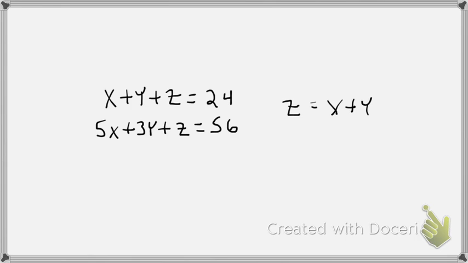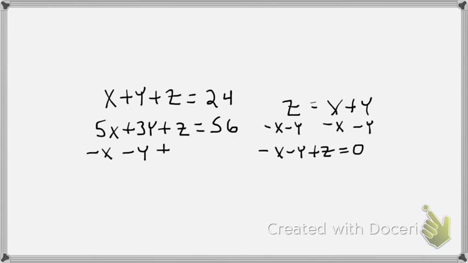I'm going to write this so it looks similar to the other two equations by simply subtracting x and subtracting y from both sides of the equation, and I end up with negative x minus y plus z equals 0. So let's rewrite that down here as minus x minus y plus z equals 0.